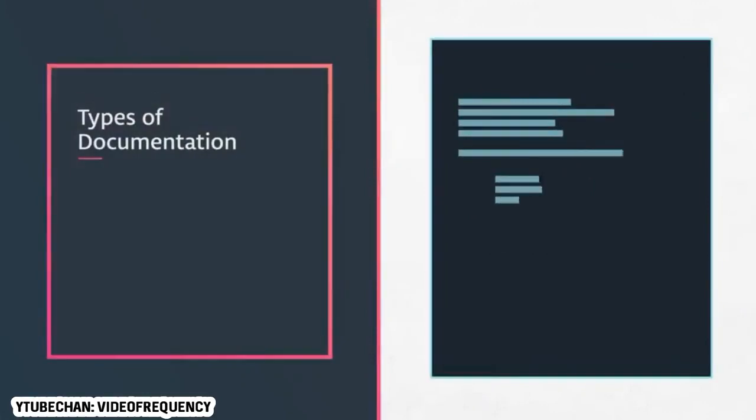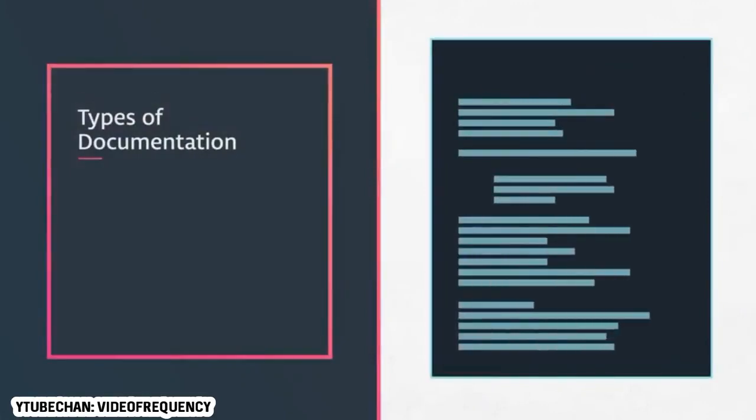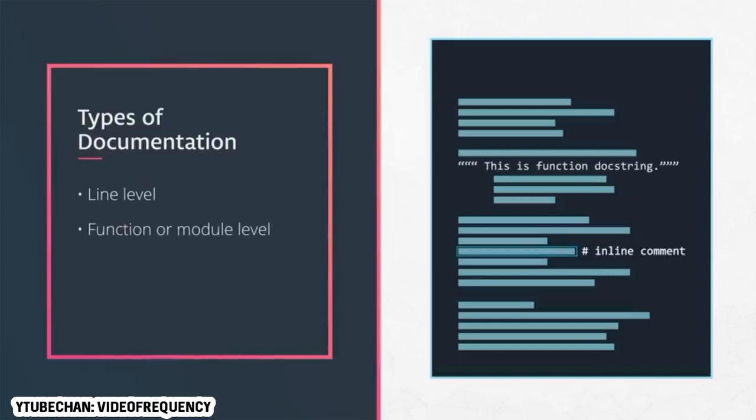There are several types of documentation you can add at different levels of your program. First, you can add documentation at the line level, using inline comments to clarify your code. Second, you can add documentation at the function or module level, using docstrings to describe its purpose and details.